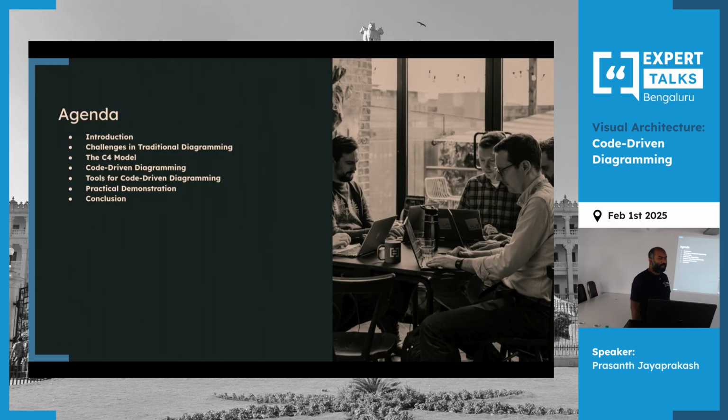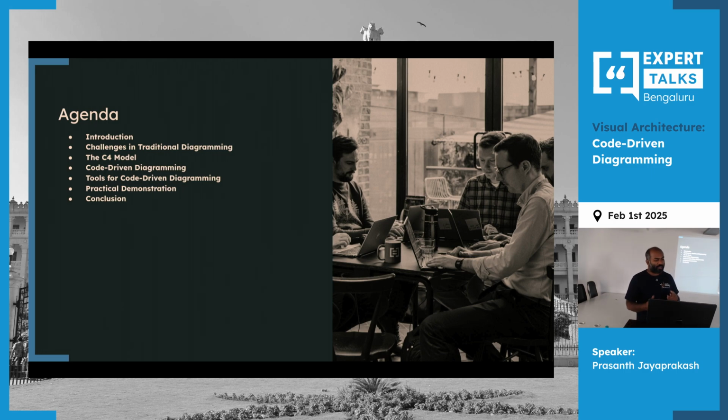We'll talk about what traditional diagramming tools are. Before going into that, how many of you are developers over here? Okay, most of us are developers. So you might have seen architecture diagrams in your organizations and many tools which have been used to create those diagrams.